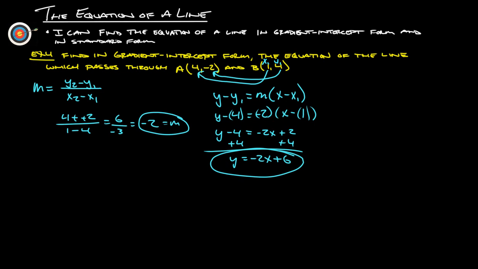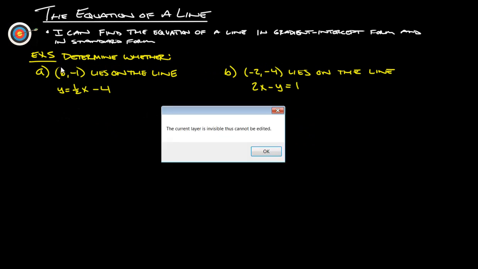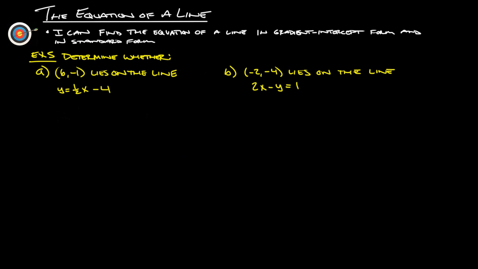Okay, a couple more examples. Example 5: determine whether (6, -1) lies on the line y equals 1/2 x minus 4. In order for (6, -1) to lie on this line, I have to be able to plug 6 in for the x and -1 in for the y, and then this should be true. So y is -1, x is 6.